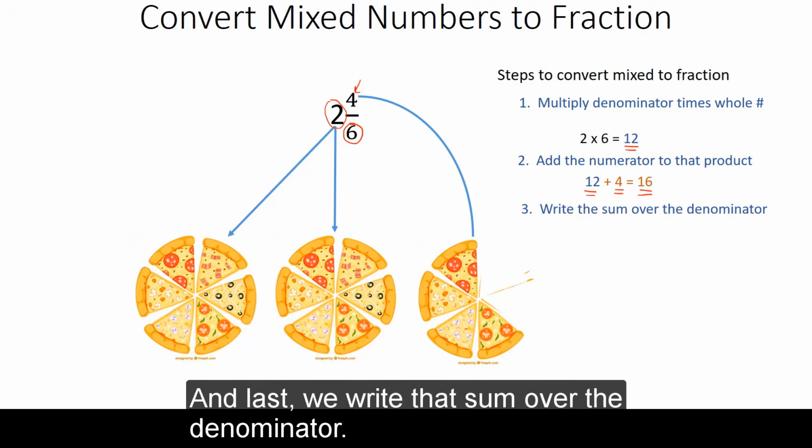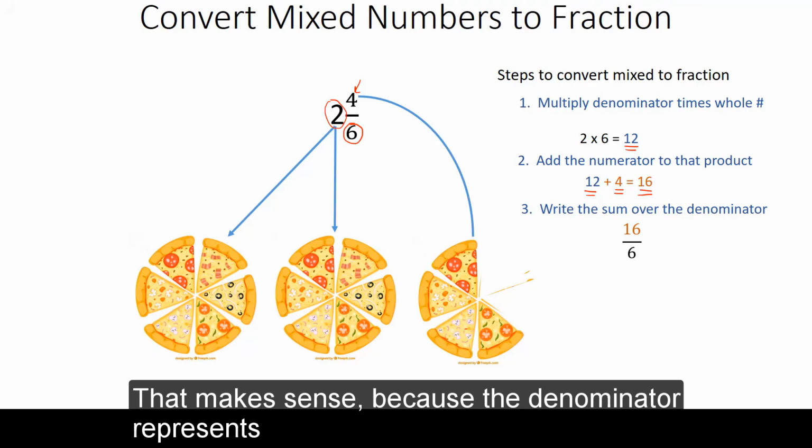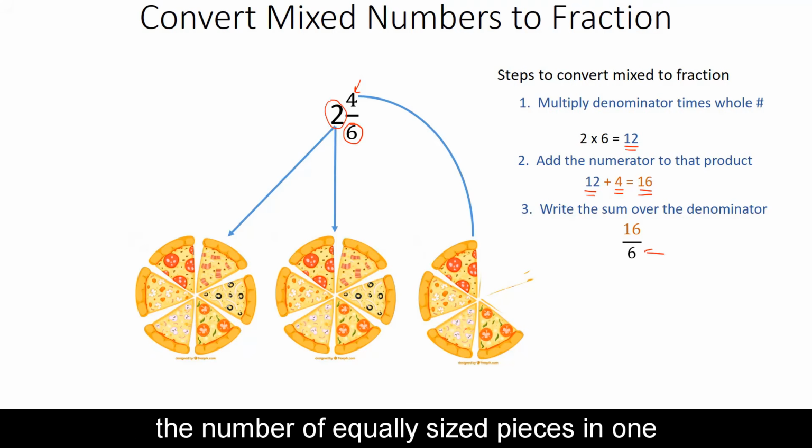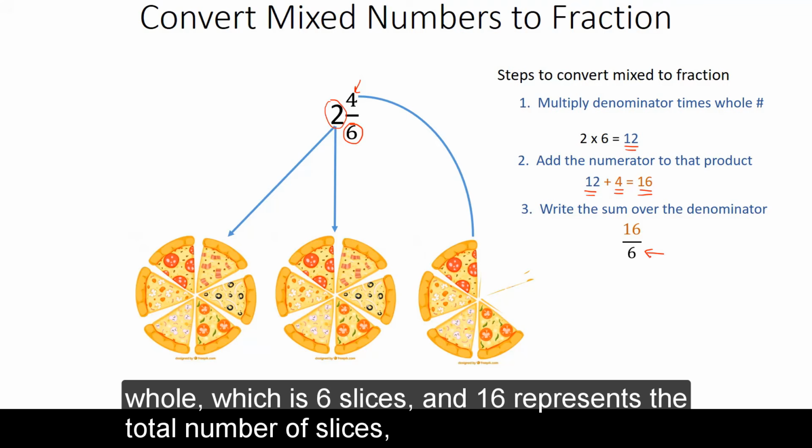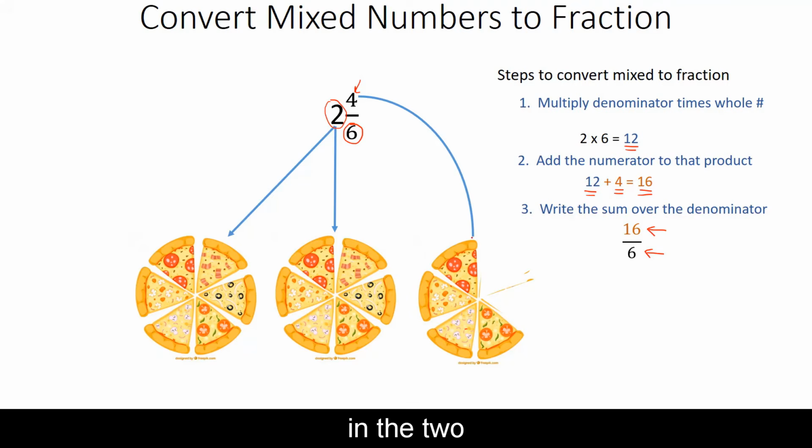And last, we write that sum over the denominator. And that makes sense, because the denominator represents the number of equally sized pieces in one whole, which is 6 slices, and 16 represents the total number of slices in the 2 and partial pizza that remains.